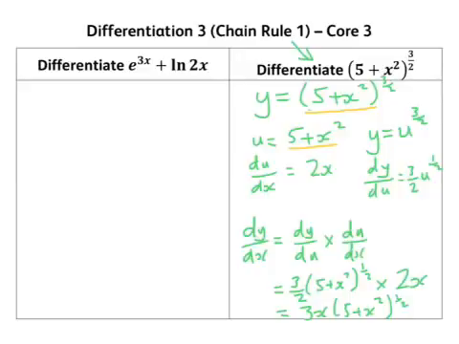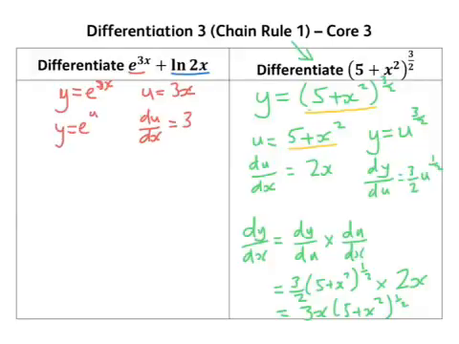Now, what I've got over on the first one is two different chain rules. This might be a bit confusing, but I can't think of a better way of doing it. If I say that y equals e to the 3x, I'm going to say u equals 3x, so du dx equals 3, and I've got y equals e to the u, and so dy du equals e to the u.